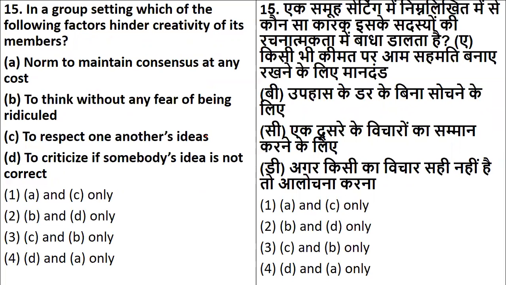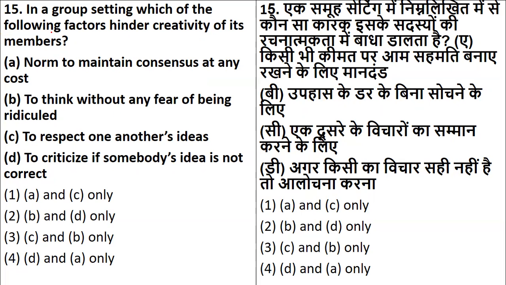Question 15: in a group setting, which of the following factors hinder creativity of its members? So when we are talking about a group setting, which of the following factors hinders creativity? That is, norm to maintain conscience at any cost, to think without any fear of being ridiculed, to respect one another's ideas, to criticize if somebody's idea is not correct.